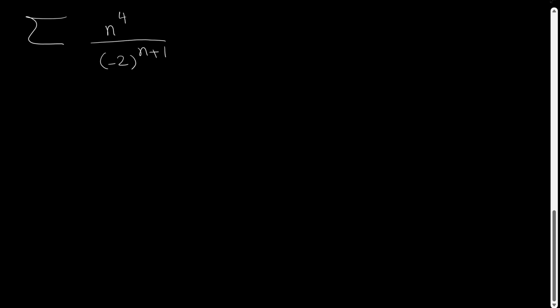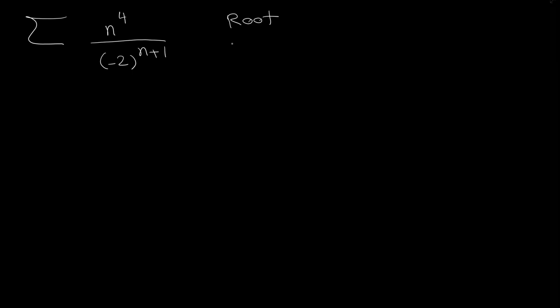The next series is n to power 4 divided by -2 to power n plus 1. For this specific example, you may want to apply root test or a ratio test. Both of these work. So let me apply the root test at first.